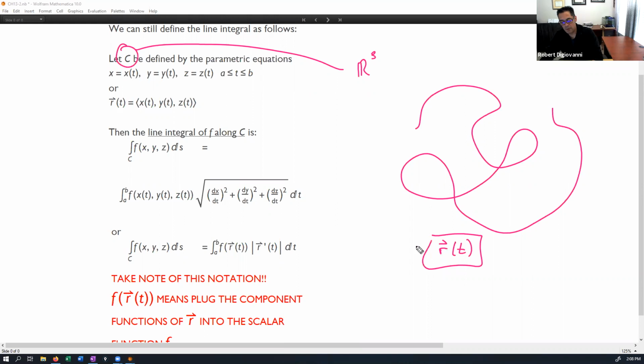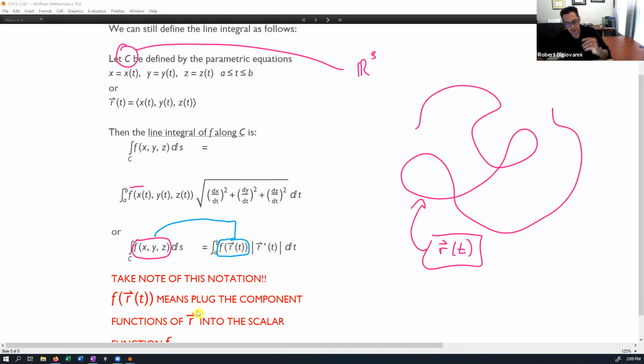So this represents that curve. If this represents that curve, then evaluating the function at each point x, y, and z really means evaluating the function along the vector function. This is the first time we've seen this notation, so please make note that f of r of t, the vector function r of t, means we plug the component functions of r into the scalar function f. I will show you this in an example.